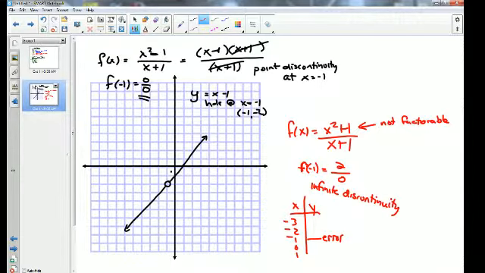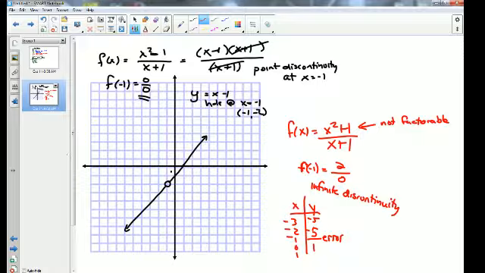What if I plug these values in? I'm just trying to get a picture of what the graph looks like here. -3 squared is 9 plus 1 is 10 over -2, -5. If I plug in -2, I get 5 over... that's interesting. If I plug 0 in, 1.